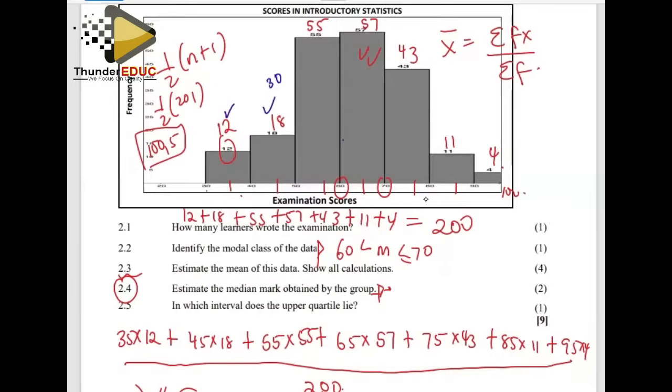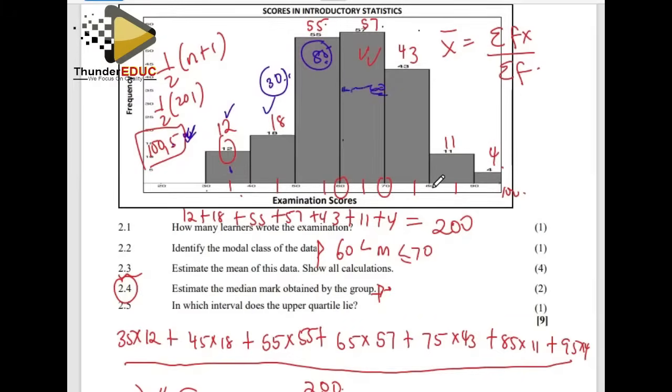So we know that the median cannot be in the first bar because it is smaller than 100,5. When you add 18, it's going to give you 30. 30 is still smaller, so we add the 55 to give us a total of 85. So 85 is still smaller than 100,5. Then when we add the 57, we get an answer that is bigger than 100,5, meaning that our 100 falls within this class interval.